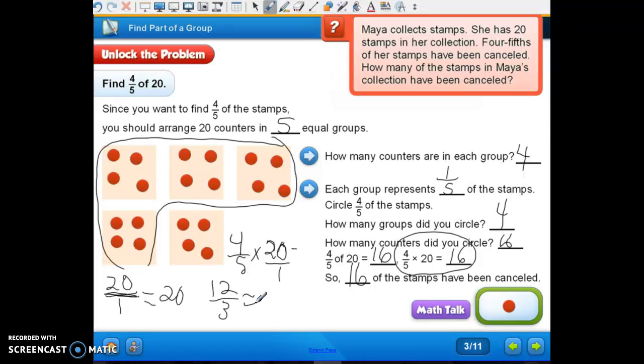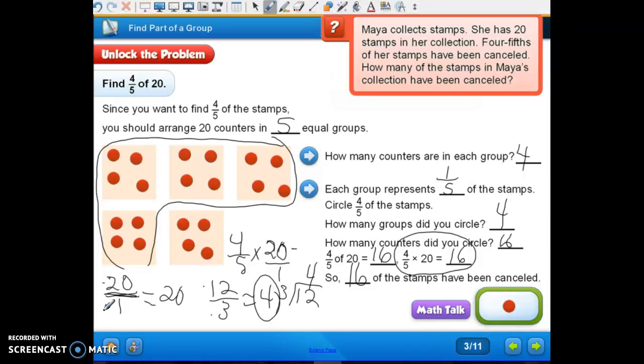How many 3's in 12? 4. So essentially, I took 12 and divided it by 3. Or I took my numerator and I divided it by my denominator to get my whole number. Okay? So if I take my numerator of 20 and divide it by my denominator of 1, I'm going to get 20.